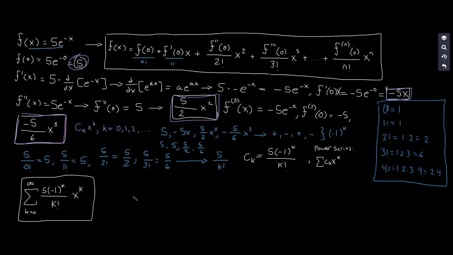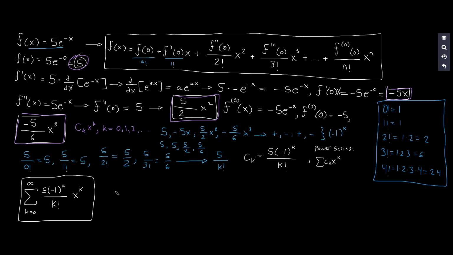But then the third part of this question takes it a step further. We want to find out, does it converge? We want to find the interval of convergence, right? If this converges, where does it converge?